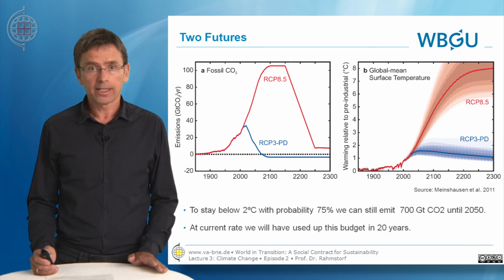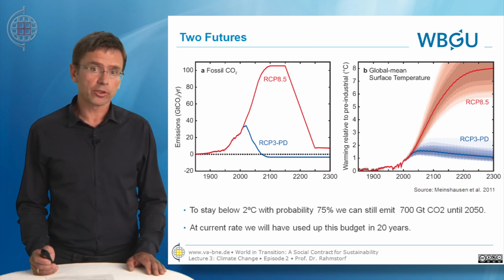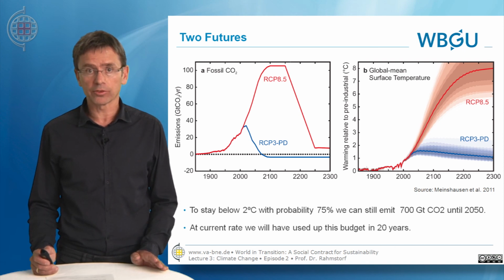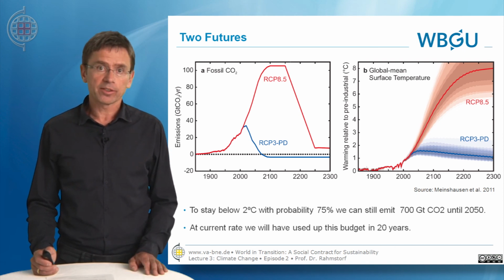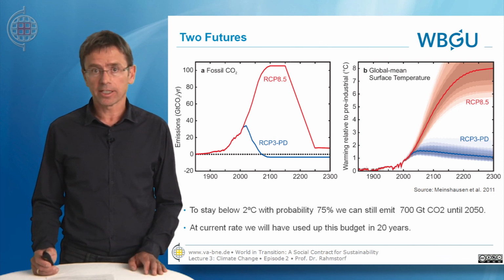And by now, 20 years later, it is not enough to slowly reduce emissions, but we really have to hit the brakes on full and reduce our emissions really fast, like in the blue scenario here, if we want to have a good chance to limit global warming to a maximum of 2 degrees.